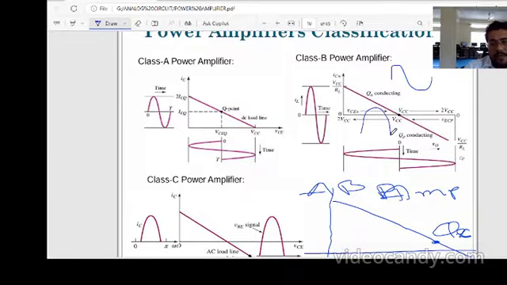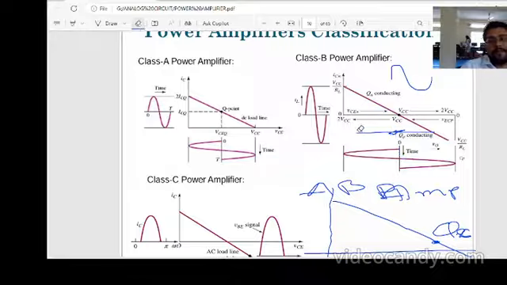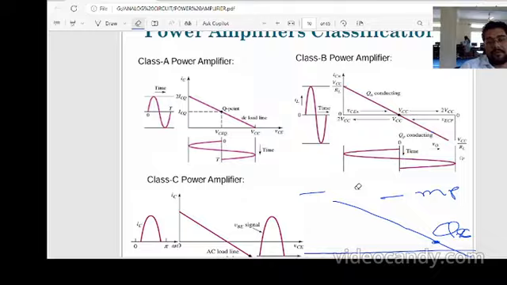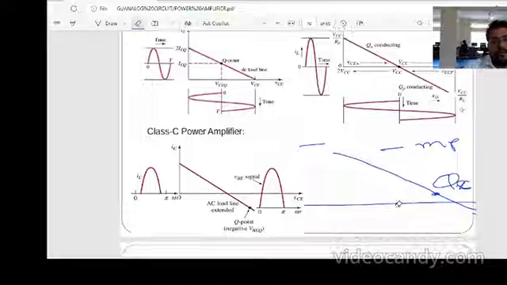This is called crossover distortion. I'm explaining how the crossover distortion occurs.